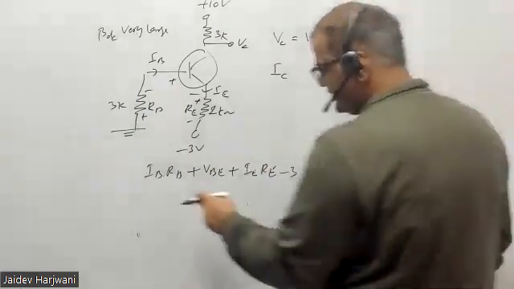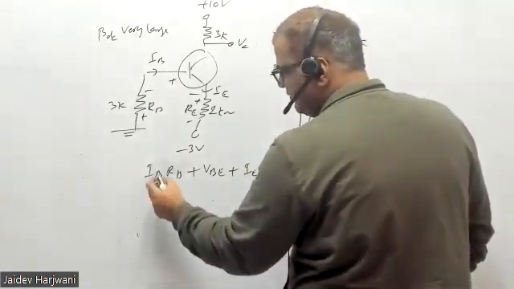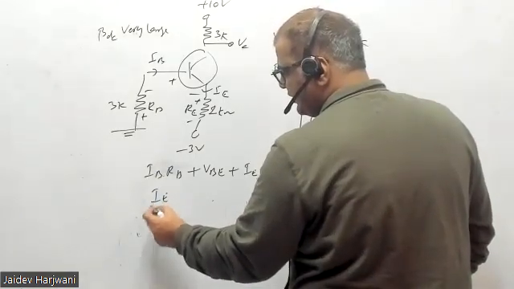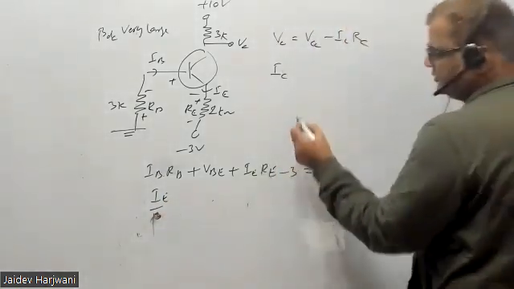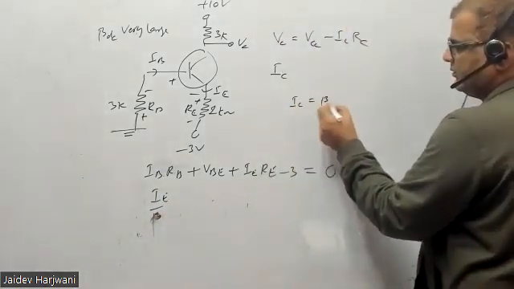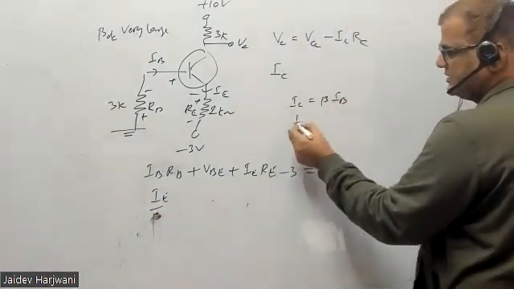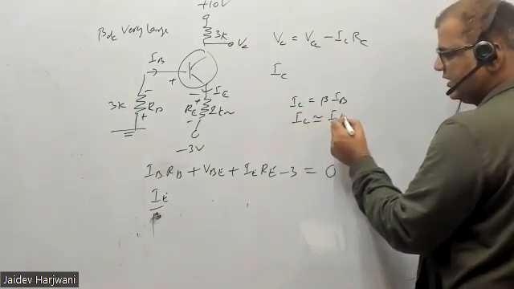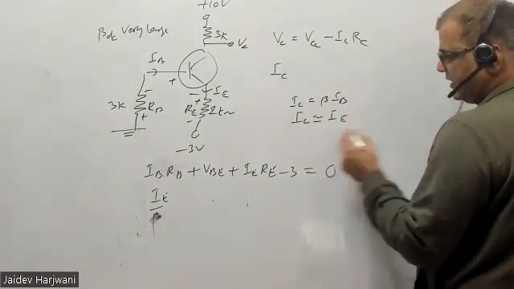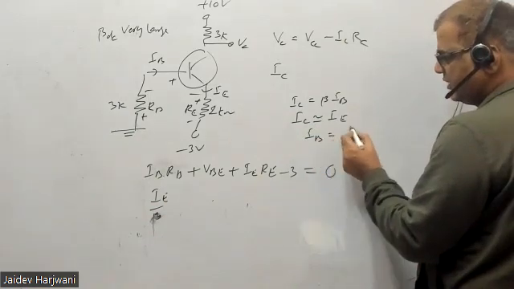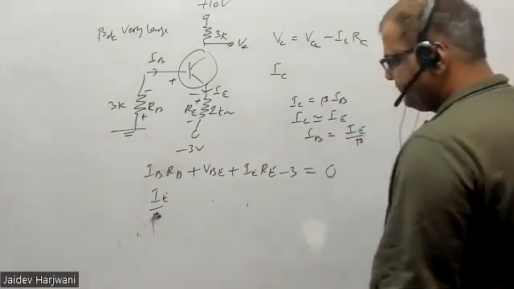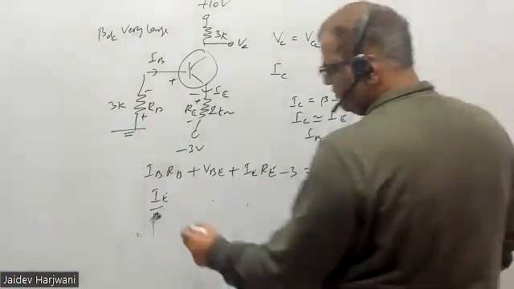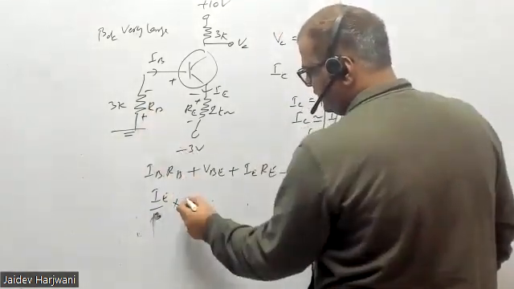If you can write IB, you can write IE upon beta, because your IC is beta IB and IC is almost equal to IE. So I can say my IB is equal to IE upon beta. Yes or no? And then your resistance here is 3 kilo ohm.